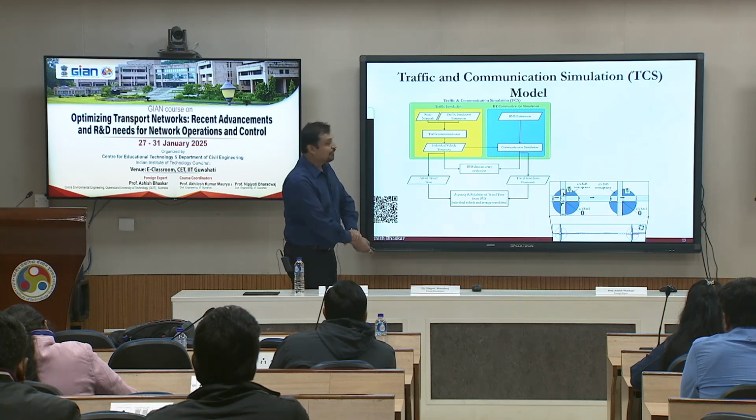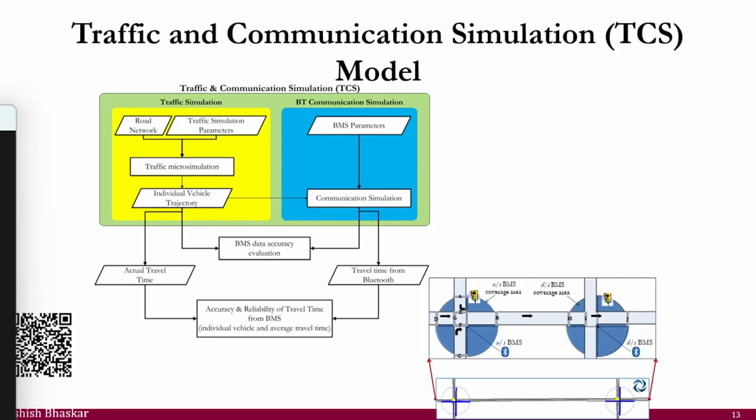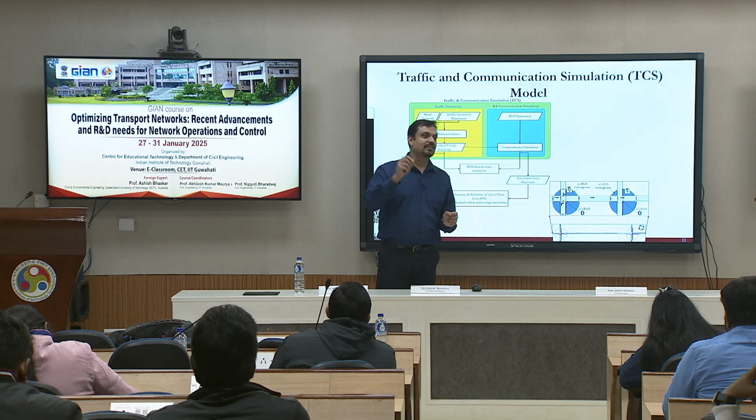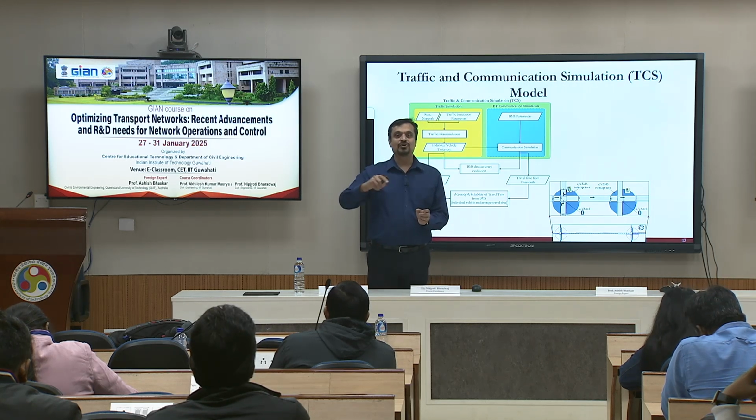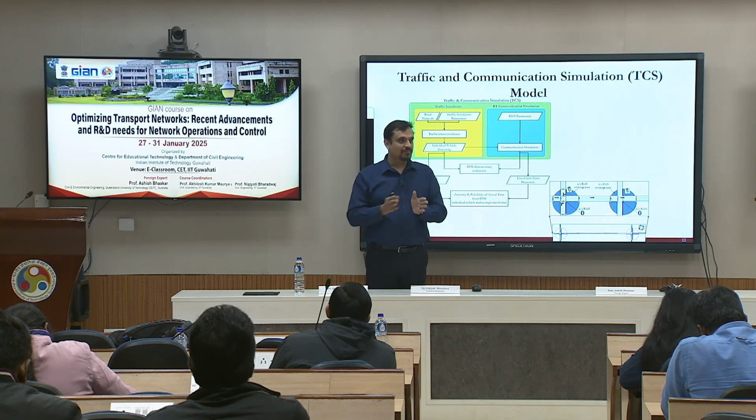So when I understood all these things, we worked on a simulation model. We said, look, you do not know the accuracy of travel time and all those things, so let's study the accuracy. We built a very simple Bluetooth communication simulation. The vehicle enters, there is a probability distribution for it to be observed in a certain time interval, and there is a scan cycle of 14 or whatever scan cycle we put.